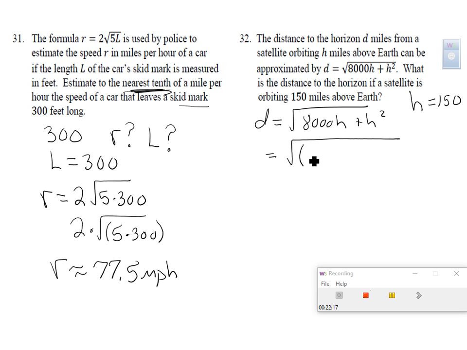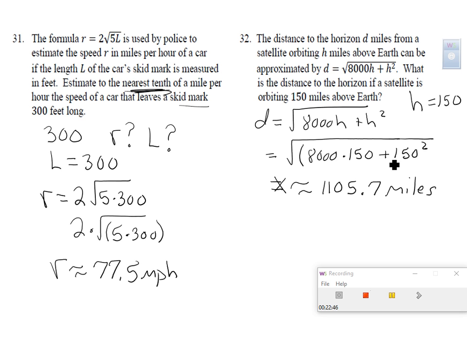You're going to go 8,000 times 150 plus 150 squared, and then you're going to hit equal, or you're going to hit enter, whatever your calculator says, and you should get about 1,105.7 miles above the Earth. So make sure you can run that through, guys, and then you're going to be golden.